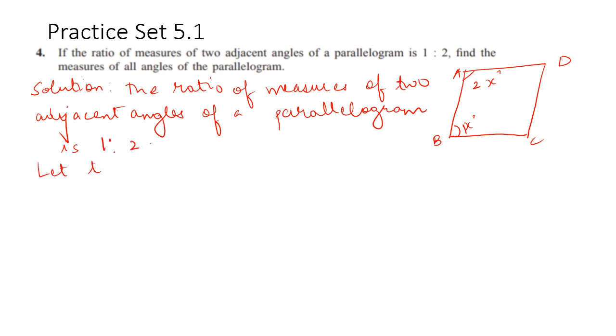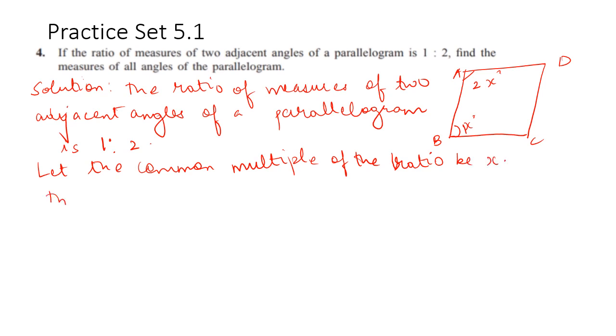So let the common multiple of the ratio be x. Then angle B is equal to x degree and angle A is equal to 2x degree. So it goes as angle A plus angle B is equal to 180 degree.